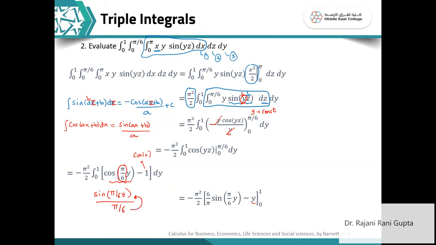So it will give you 6 over pi. Okay, now substitute the limits and this will be your final answer. Because when you replace y by 1, it gives you sine pi by 6. And at 0, both the values will become 0.